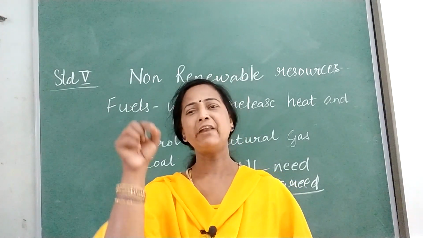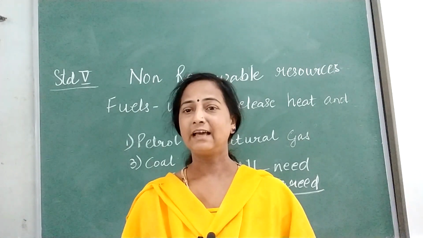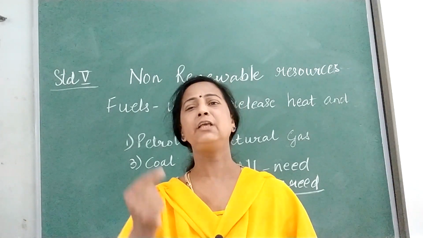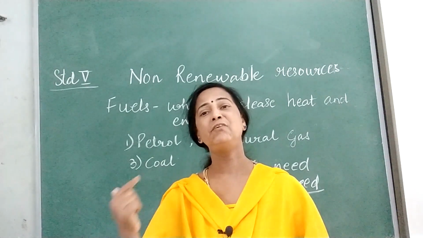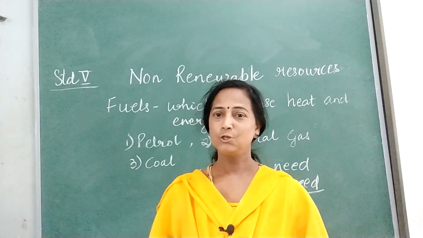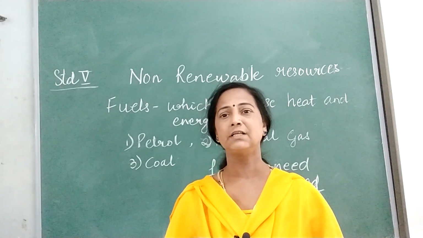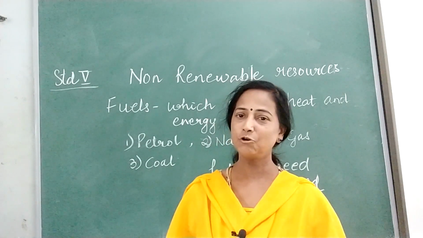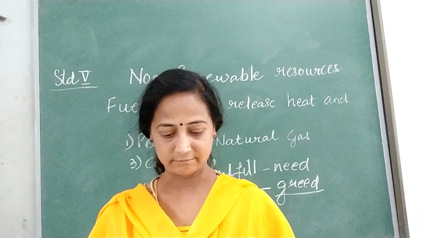So every drop you put in will gather and you can collect more water. In the same way, your small deed towards nature can fulfill the biggest one also. So you have to be very careful that you are also an important part of this nature and you have to maintain the balance in nature.